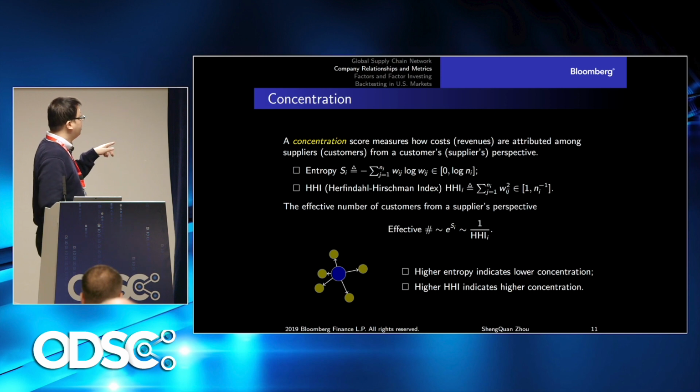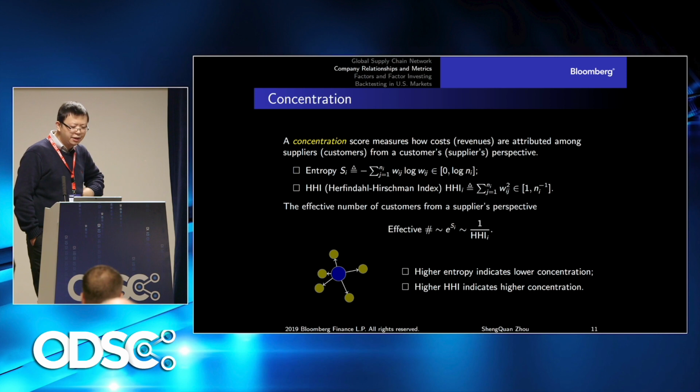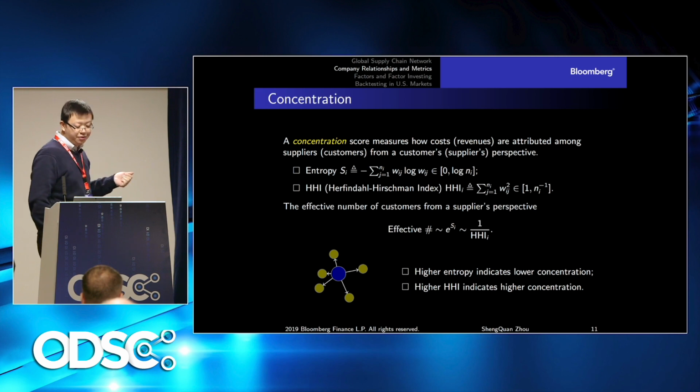This number has a range from 0 to log n_i, where n_i is the number of customers for the supplier. A similar score called HHI is defined similarly. Basically, a higher entropy indicates lower concentration, and a higher HHI indicates higher concentration. From a risk management perspective, you don't want too much concentration on a single supplier.